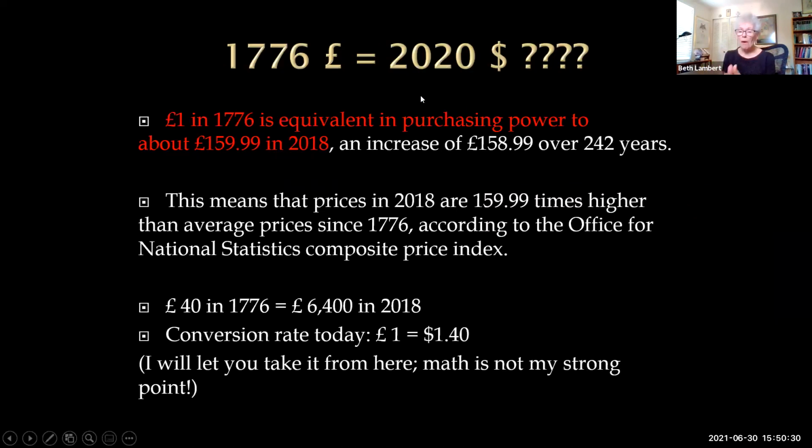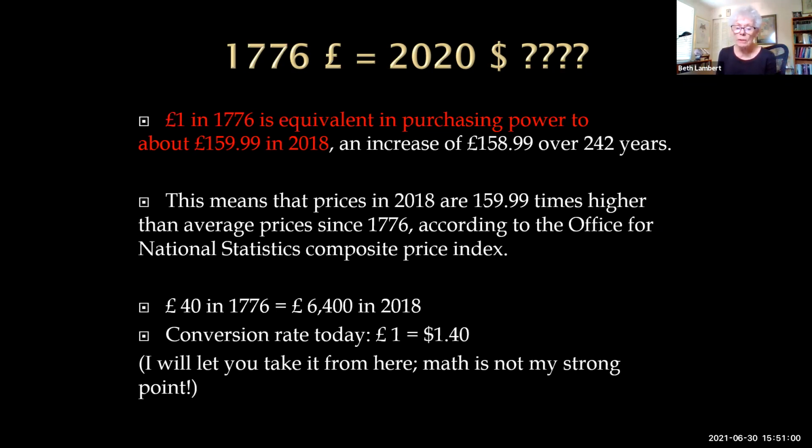Okay, the question always comes up. How much was the pound in 1776 equal to our dollar in, say, 2020? 1 pound in 1776 is equal in purchasing power to roughly 160 pounds in 2018.